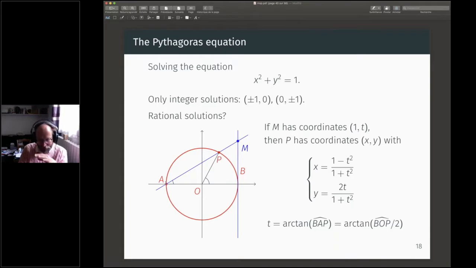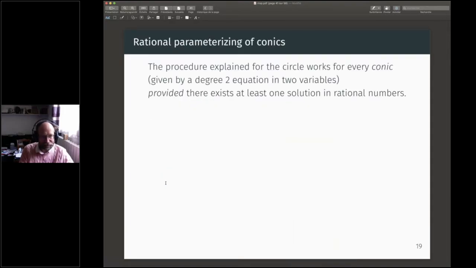So in general, the geometric forms defined by a polynomial equation of degree 2 in 2 unknowns are known as conics. And in fact, if I have any conic, it could be a parabola, hyperbola, or an ellipse. Then if I manage to find one solution in rational numbers on the conic, I will get a parametrization of the conic of this form.